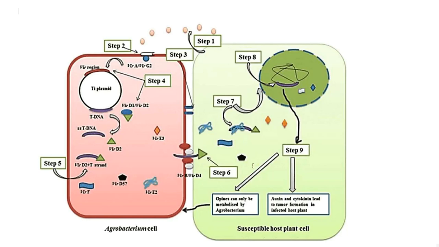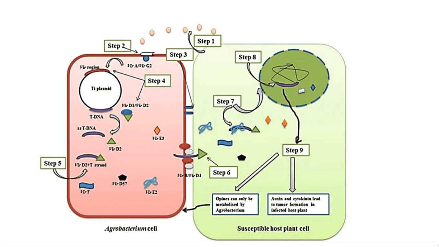The transfer and integration of this tDNA into the genome of the plant cell is mediated by several genes known as vir genes. These vir genes, which are responsible for virulence, are organized into several operons, which are vir A, vir B, C, D, E, and so on. We will discuss one by one.